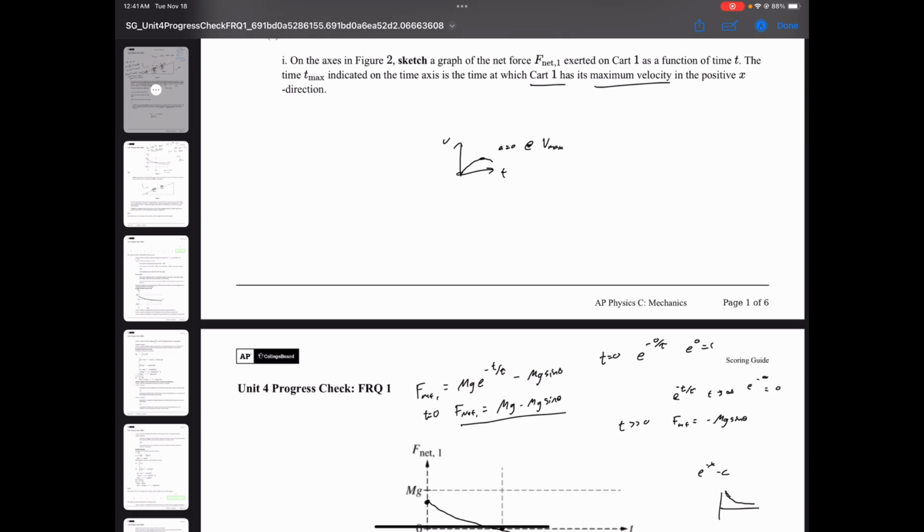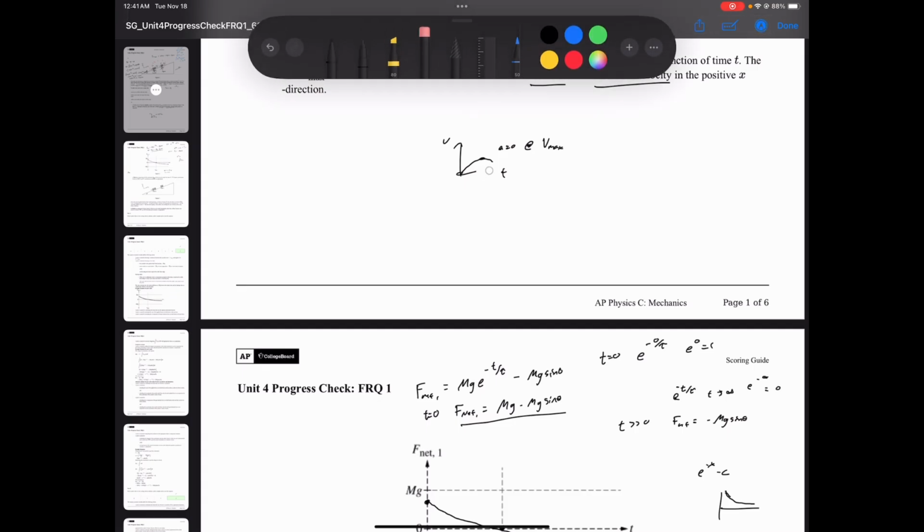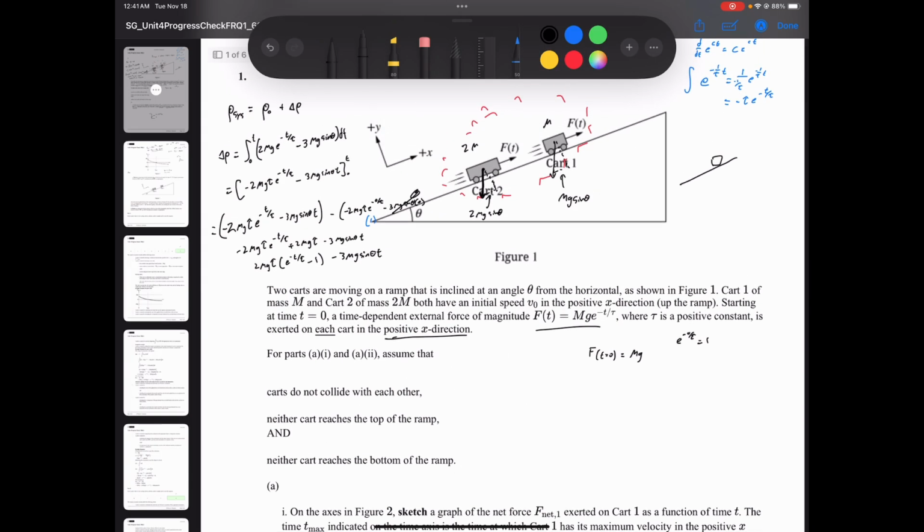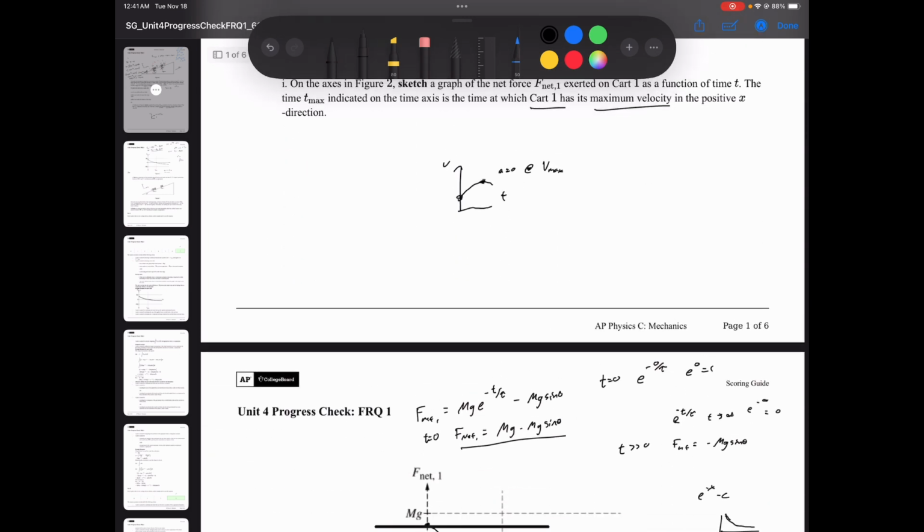So it starts off with some initial velocity. Actually, I can redraw that. It's going to have some initial velocity, and that initial velocity is going to be increasing with time. But it's going to reach this point here where it reaches maximum velocity.